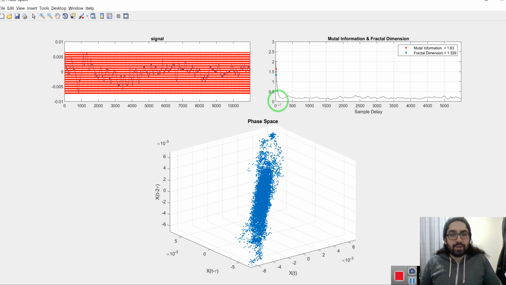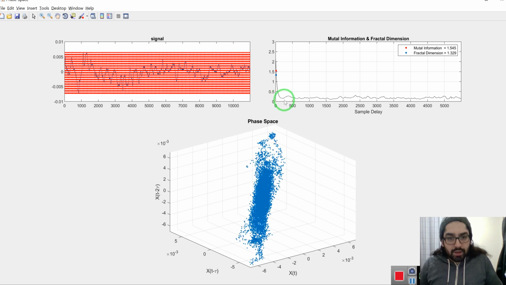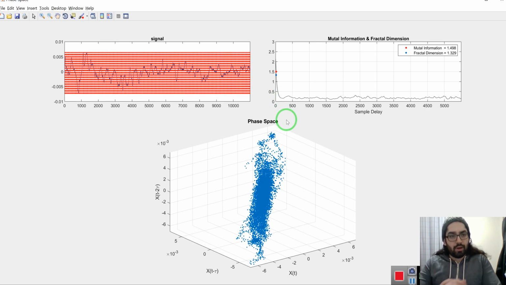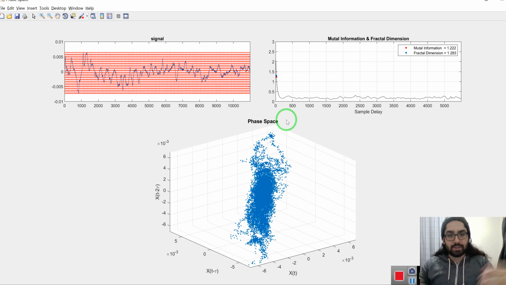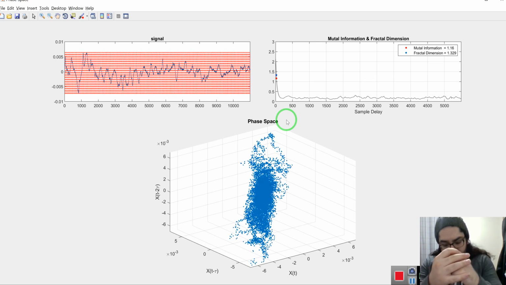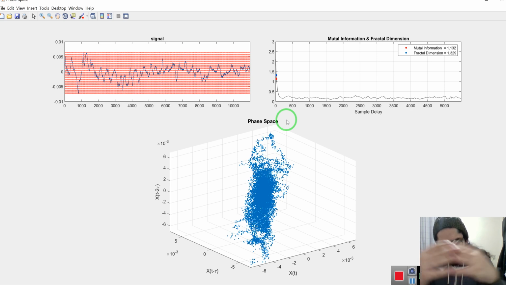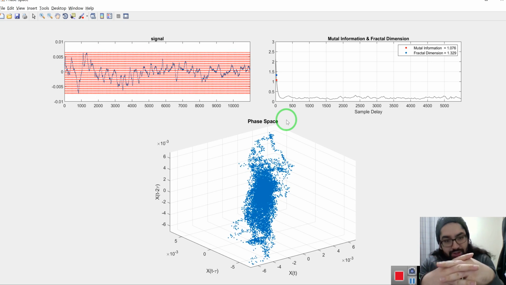Okay, we are waiting to get to the minimum of the mutual information, and we want to have a more complex shape. As you see, it goes more complex, and of course it goes more contracted.